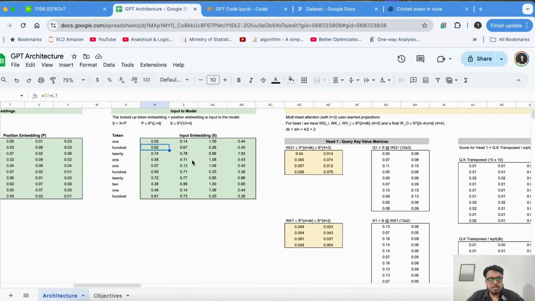So this becomes my input to the model, and the dimension of this input will be L cross D. L is the sequence length or the context window, which is 10, and D is the dimension of the embedding, which is 4 over here.